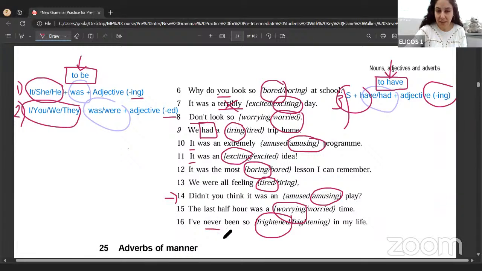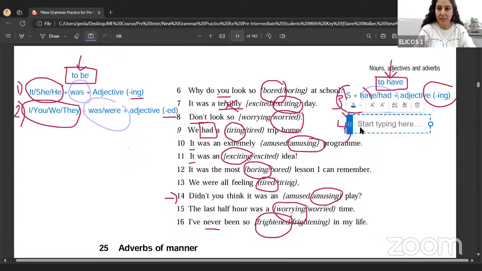We're just using a negative here. I've never been so frightened. So it looks like the 4th rule we can add is if you say the subject, so I, then the have been, and then it's actually with an ed, the adjective.